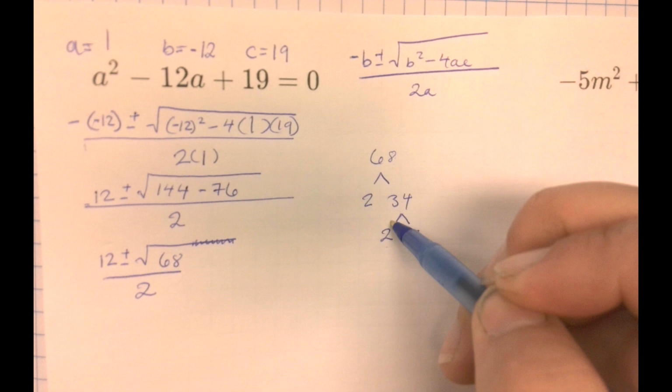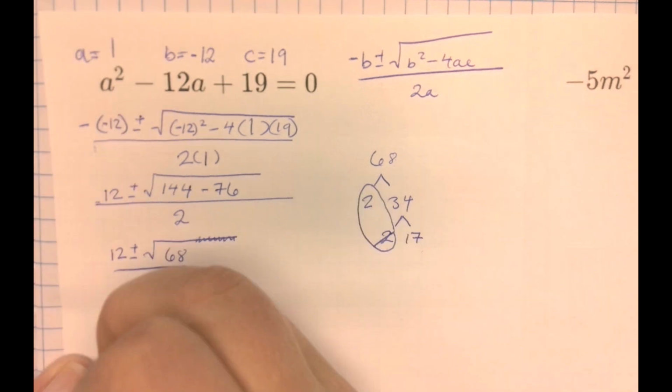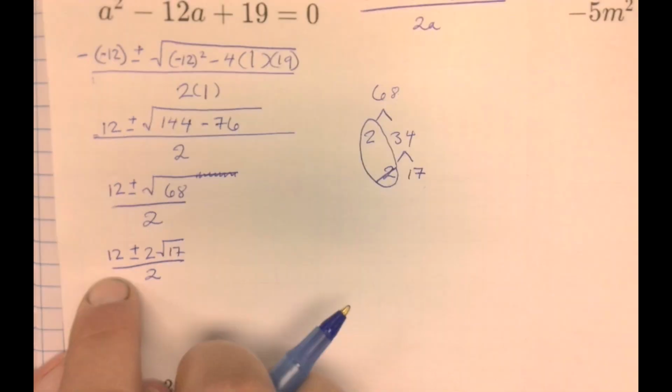We're going to have our two 2's, circle and kill. What comes out, the 2 or the 17? The 2. 12 plus or minus 2 square root of 17 over 2. Now, can we take a 2 out of the 12 and the 2, out of both groups?